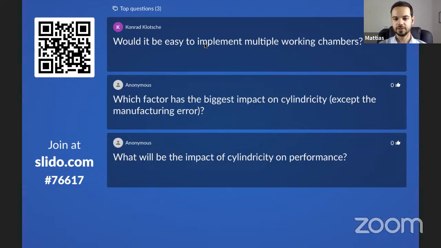Well, this is not an easy question to answer. But at the end of the day, we could have two different kinds of effects here. On one side, we are changing the clearance between piston and cylinder. So you could have one bad effect, which would be increasing leakage.